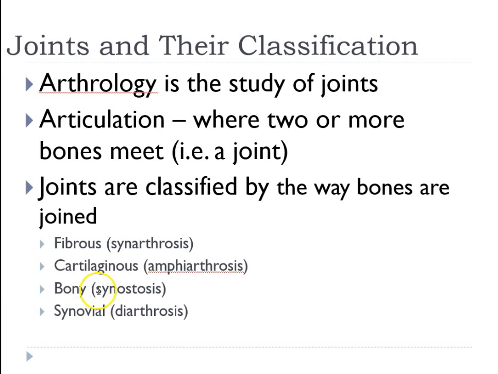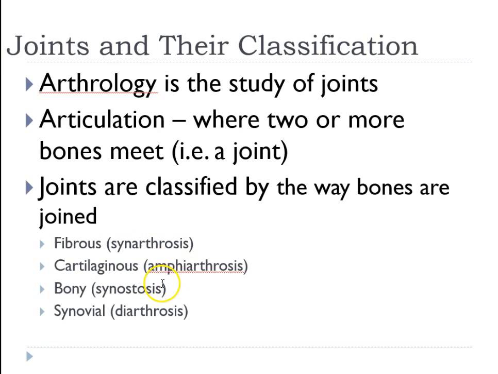Bony is going to be synarthrosis, which means that at one time they were separate bones, but they fused together. Cartilaginous is called amphiarthrosis, so they have a little bit of movement, but not a lot. And then fibrous is synarthrosis, which means little to zero movement.